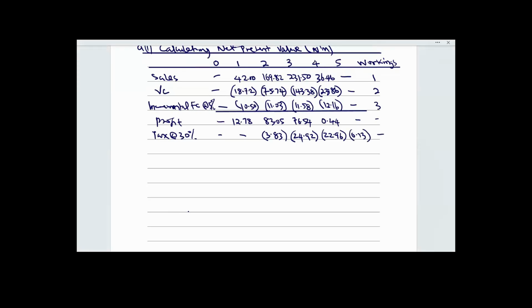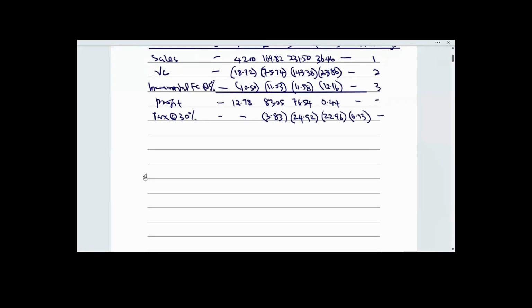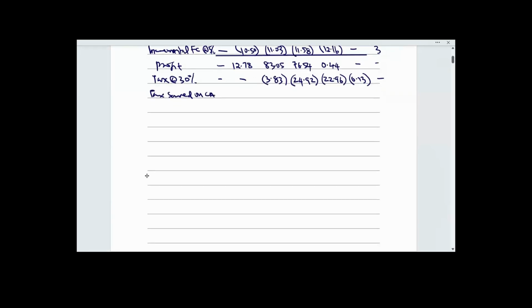So that's that. Now, immediately after tax liability, you are supposed to claim capital allowance. Therefore, we need to go and calculate tax saved on capital allowance. So let's go and do the working for that.